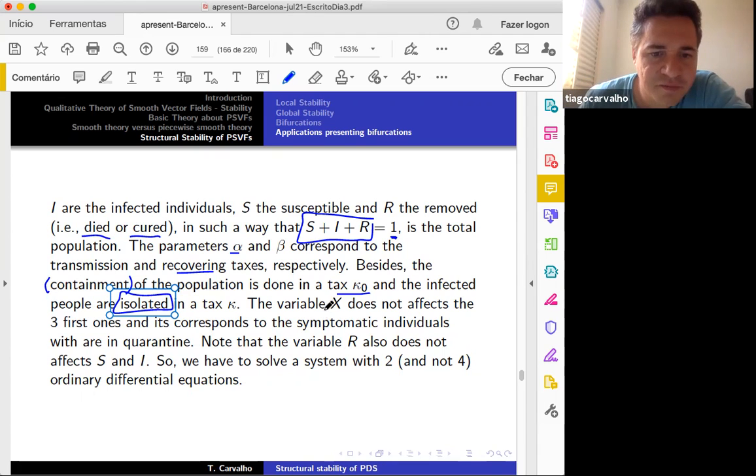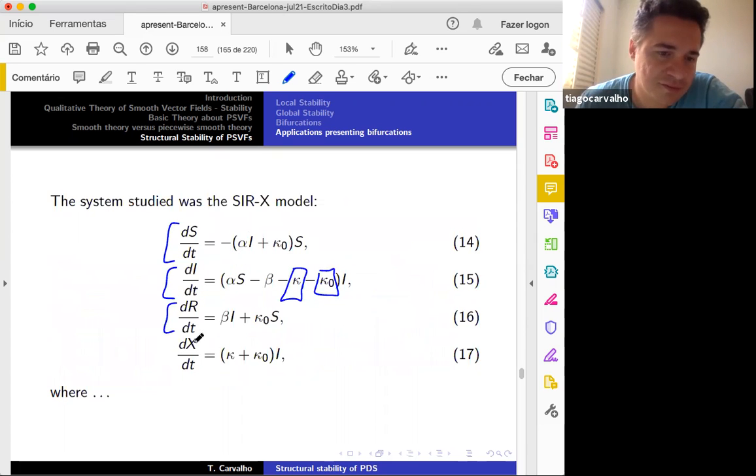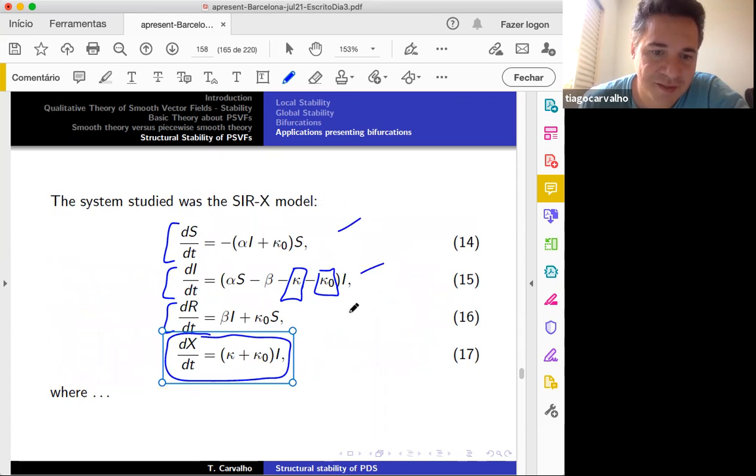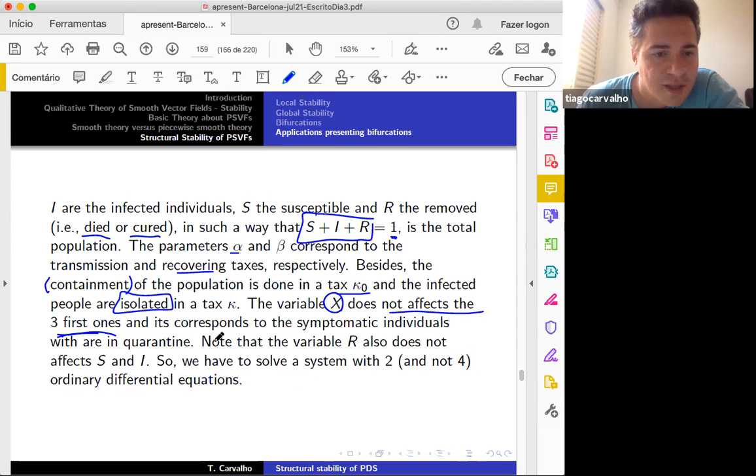Okay. The variable x does not affect the first three ones. Let's look here. There isn't x here and here and here. It corresponds to the symptomatic individuals which are in quarantine. But this variable does not affect the other ones.